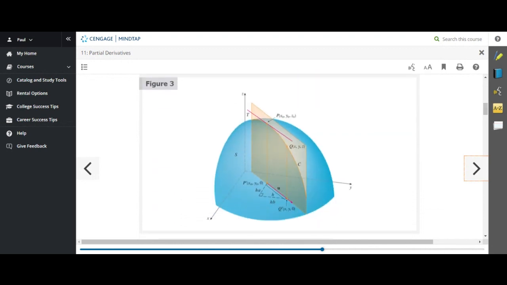In other words, in figure 3 here, here's that u vector. So we have some point on the surface, some point p sub 0 consisting of coordinates x sub 0, y sub 0, z sub 0, and there's the tangent vector to the surface. And the tangent vector is going in what direction, class? What direction is that tangent vector moving in?